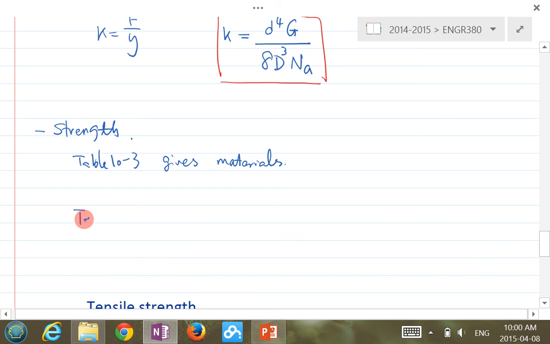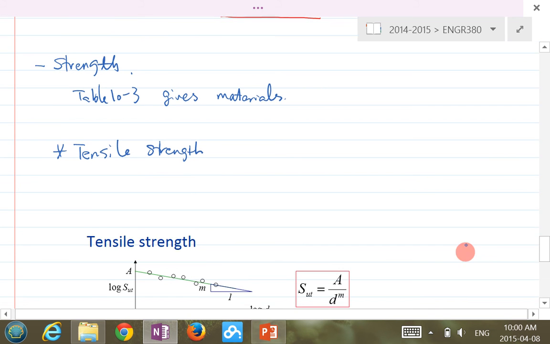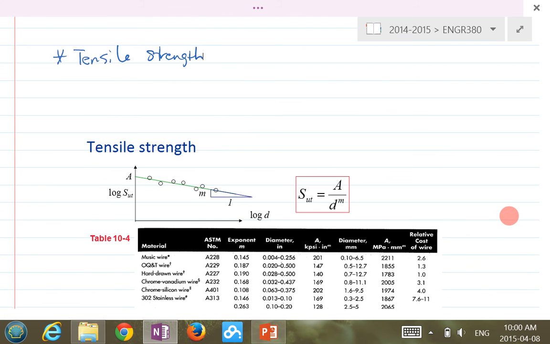So let's look at tensile strength first. The strength actually varies significantly with the wire size. Here's a table that shows the relationship between the tensile strength and the diameter of the wire.